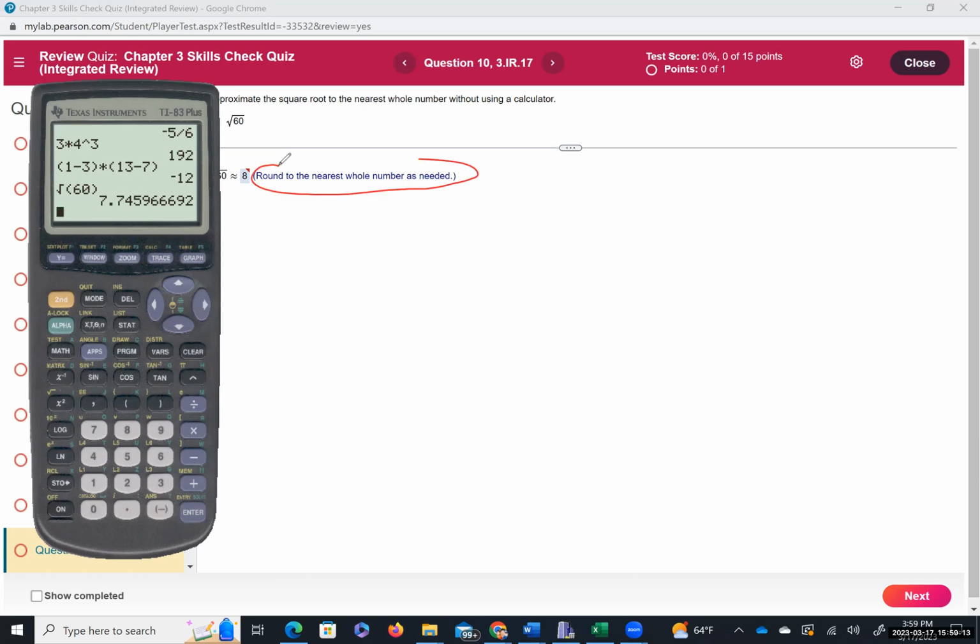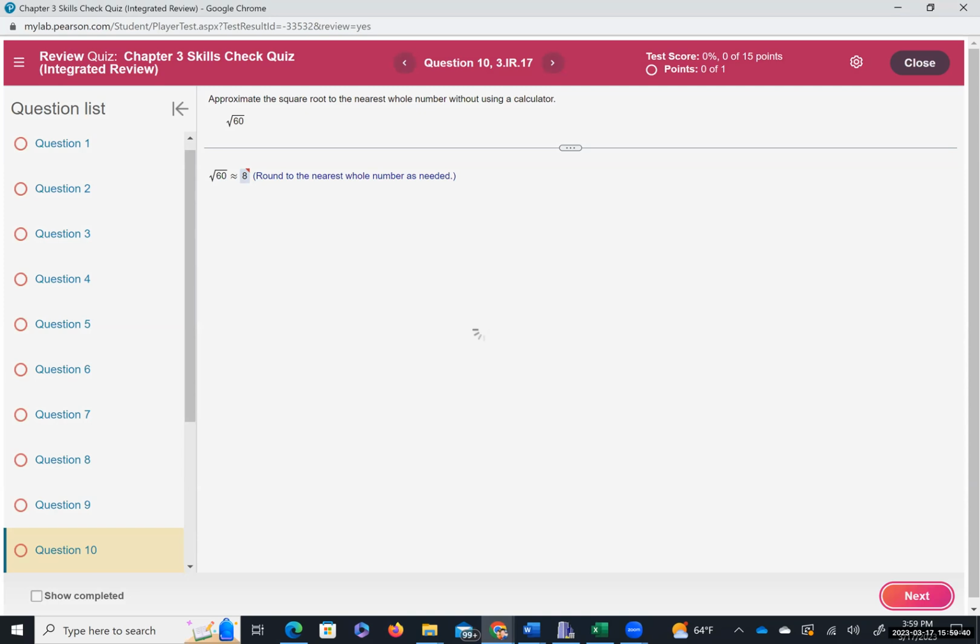However, they want you to round to the nearest whole number as needed. So nearest whole number, we mean you stop at 7 here. So the first decimal here was 7. So it affects this guy to be 8. So that's the reason why you have 8 as the answer. Okay. Move to the next one.